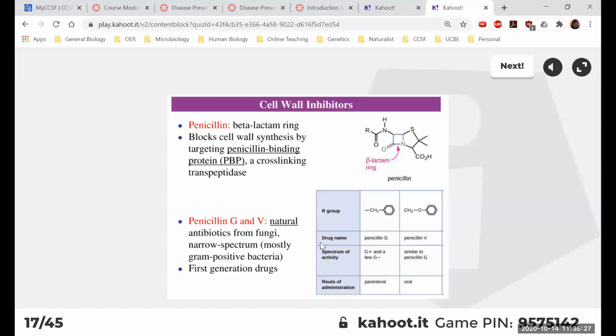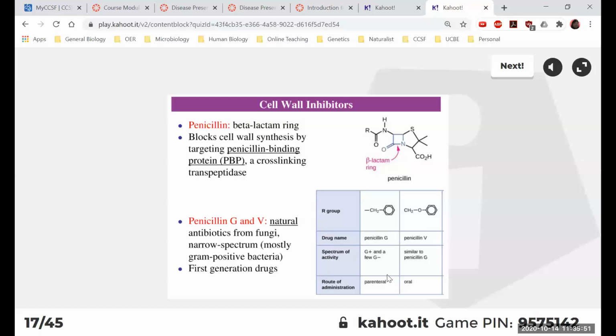And they are relatively narrow spectrum, meaning that they work very effectively mostly against gram-positive bacteria. That makes sense because gram-positive bacteria have a very thick peptidoglycan layer. If you inhibit the cross-link, you are going to damage those cells. They can work for a few gram-negative, but not very well.